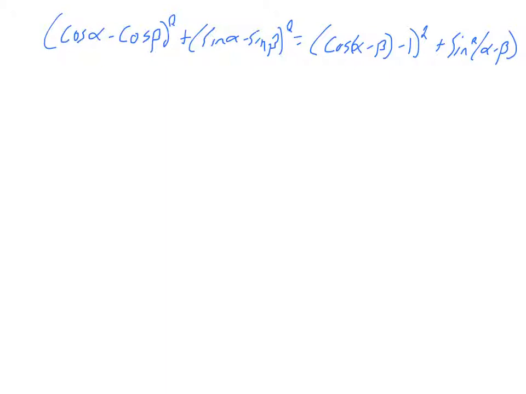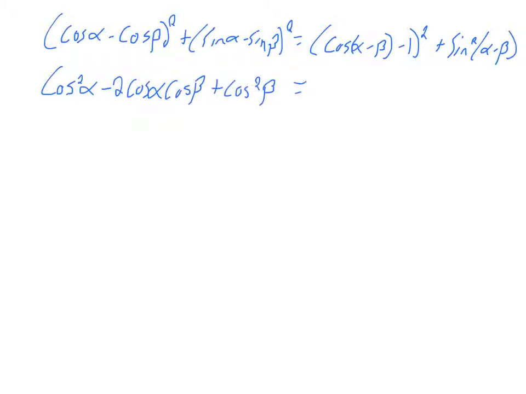So, get rid of the square root, and now the next thing we're going to do is fully expand both sides of this equation. We're going to FOIL out the cosine alpha minus cosine beta squared and the sine alpha minus sine beta squared, which is going to be a pain in the butt, but it's going to make things easier. So on the left side, if I square out cosine alpha minus cosine beta, I'm going to get cosine squared alpha minus 2 cosine alpha cosine beta plus cosine squared beta.